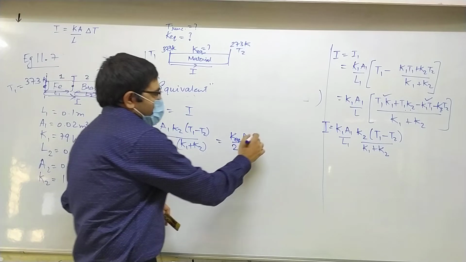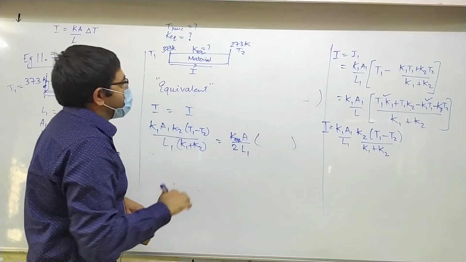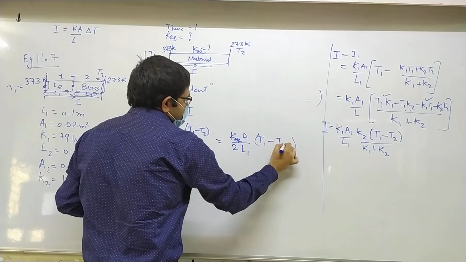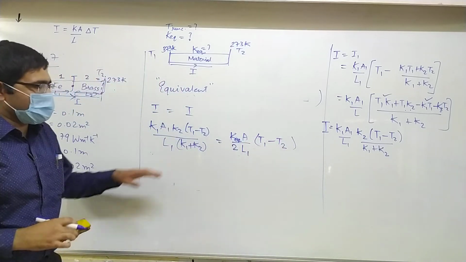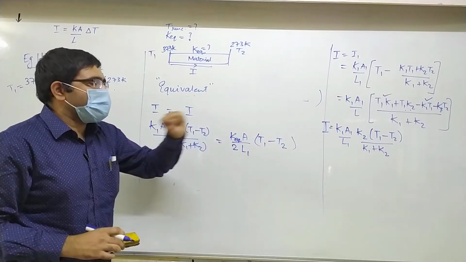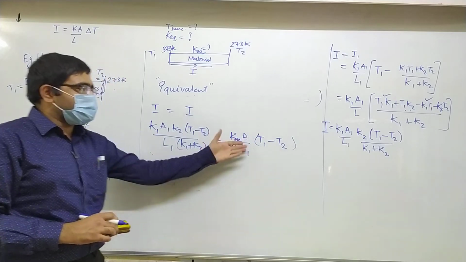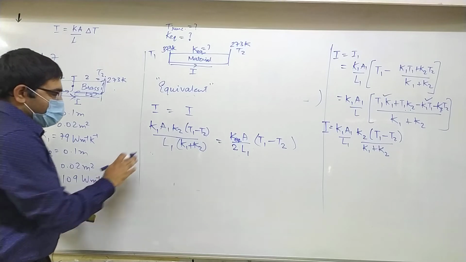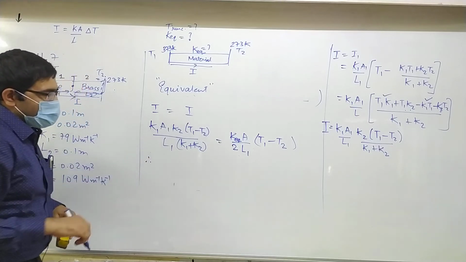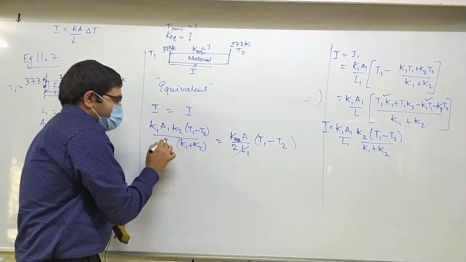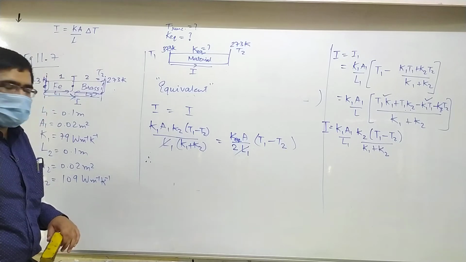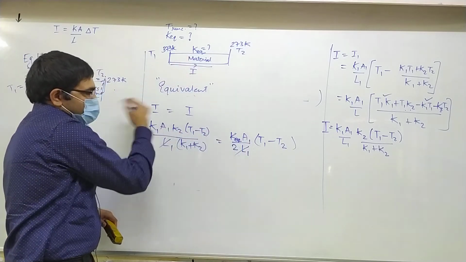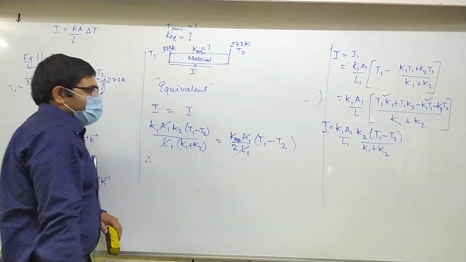And then multiplied by the temperature difference. So, what's the temperature difference between this and this? Right now we are not putting values, so we are just writing T1 minus T2. Again, K A by L into delta T. So this is the heat current for the equivalent. Now we will simplify this expression. A lot of things are cancelled. L1 gets cancelled with L1. Area here A1 again same as this, so A1 will get cancelled.